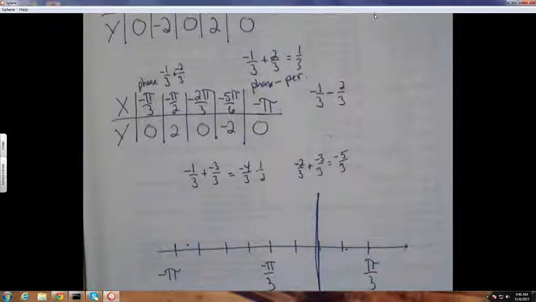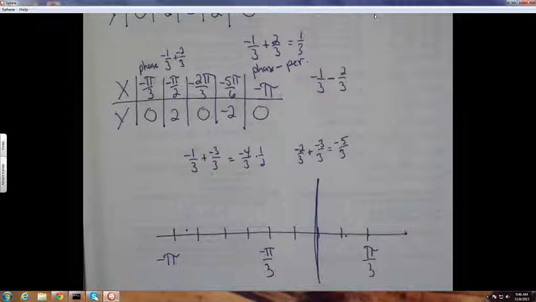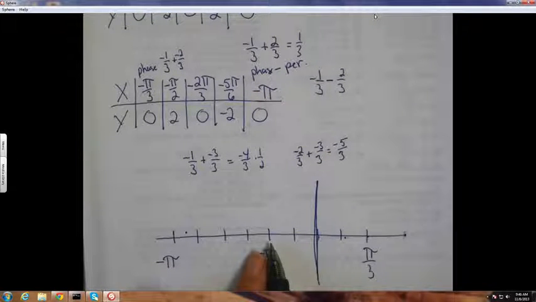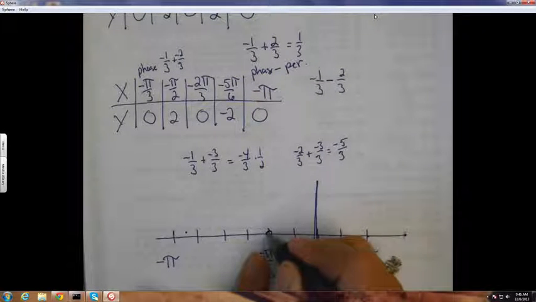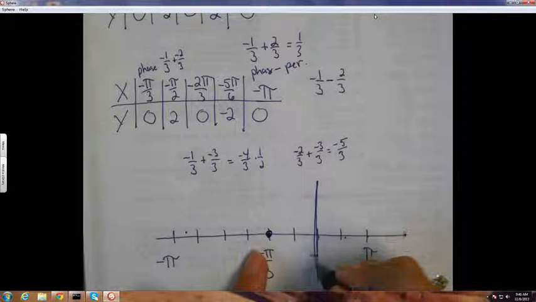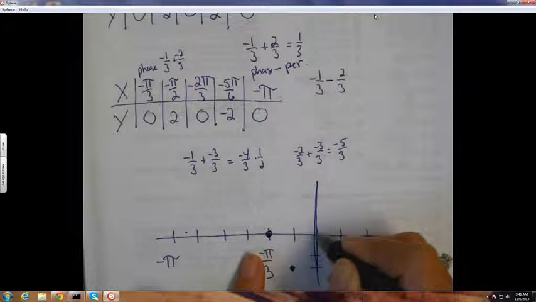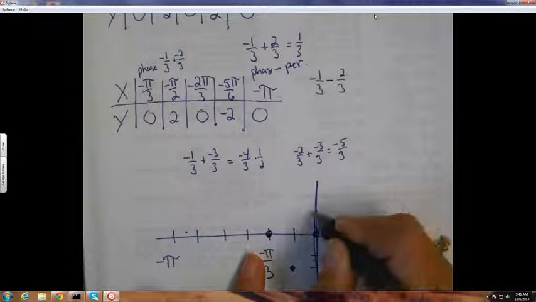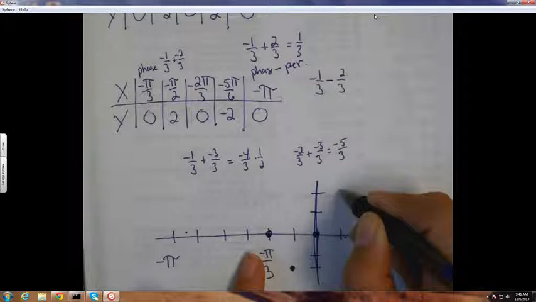Why would it be in the middle? Oh, it's a negative. Okay, so it's starting right here at negative pi over 3. We are at 0. Then it goes down 2. Hit the origin. Up 2. And then back here.